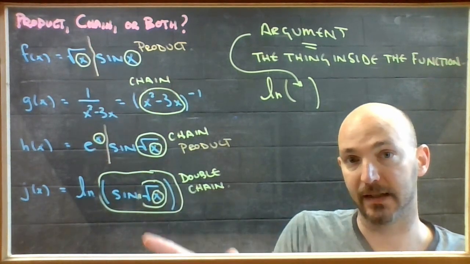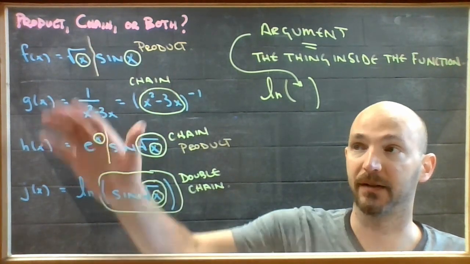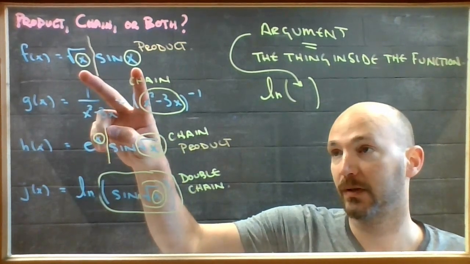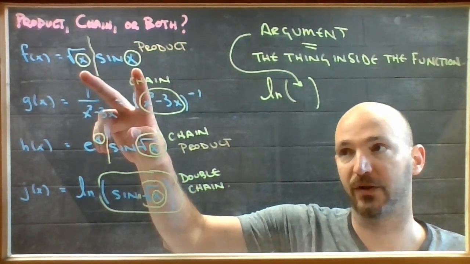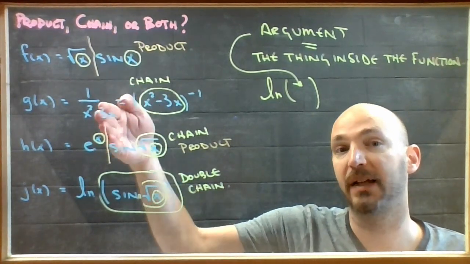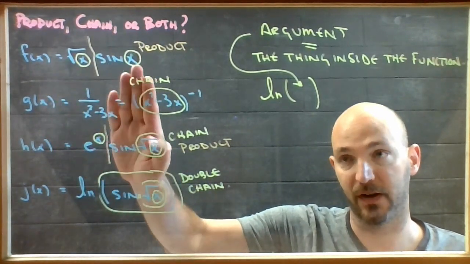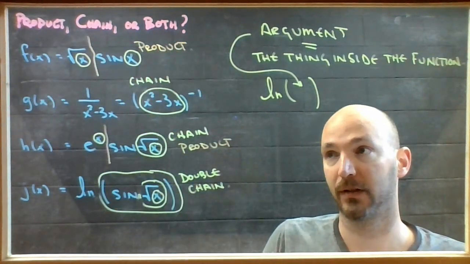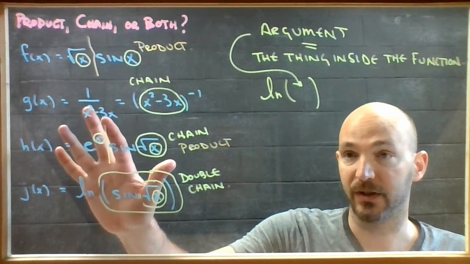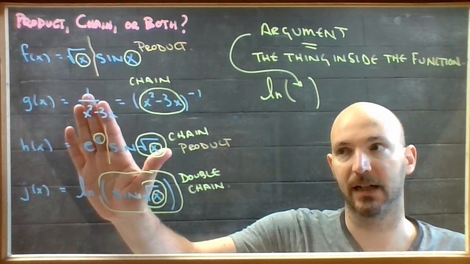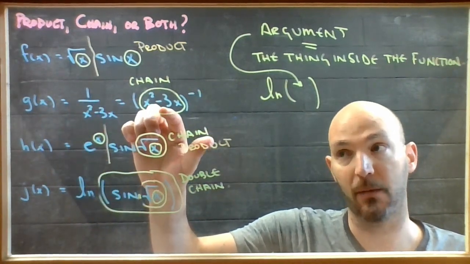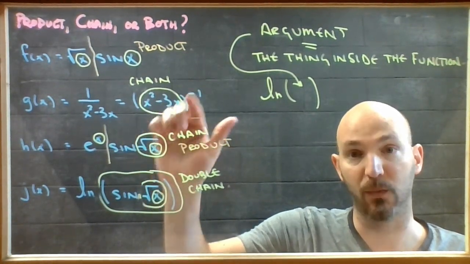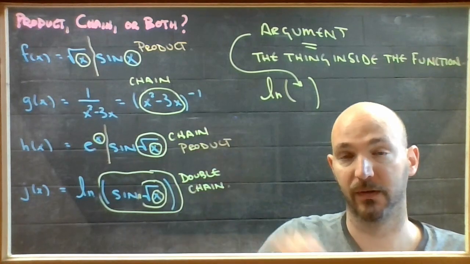So looking at these four functions that are up there, this first one, because it had simple arguments, I do not require chain rule. Because I could split it as a function times a complete function, I need product. This one requires product rule only. This function had no multiplication of any kind, but it did have a complicated argument inside of the rational expression, so I will require just chain rule for this one.